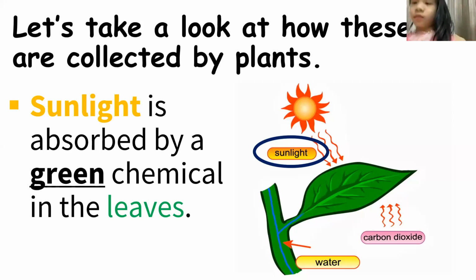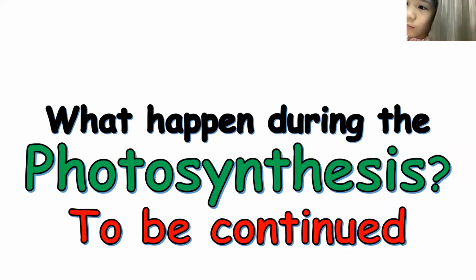The second one, the water will be absorbed by the roots and brought to the leaves. And last but not least, the sunlight is absorbed by the green chemical in the leaves also. And then the process will start.